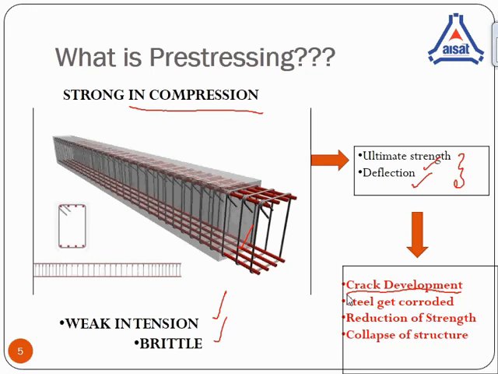Numerous cracks develop on the surface of reinforced concrete structures, and the steel reinforcement inside gets corroded when the cracks are exposed to humid atmospheric conditions. So this steel reinforcement no longer takes up any tensile stresses, and that leads to the reduction of strength. Gradually, the collapse of the structure can be expected.